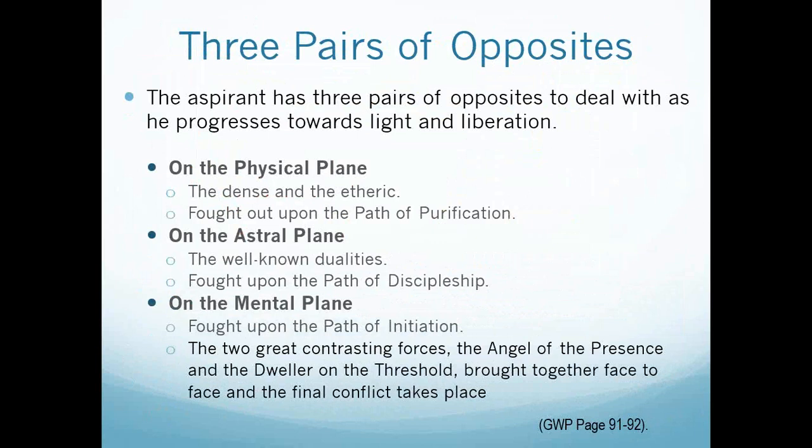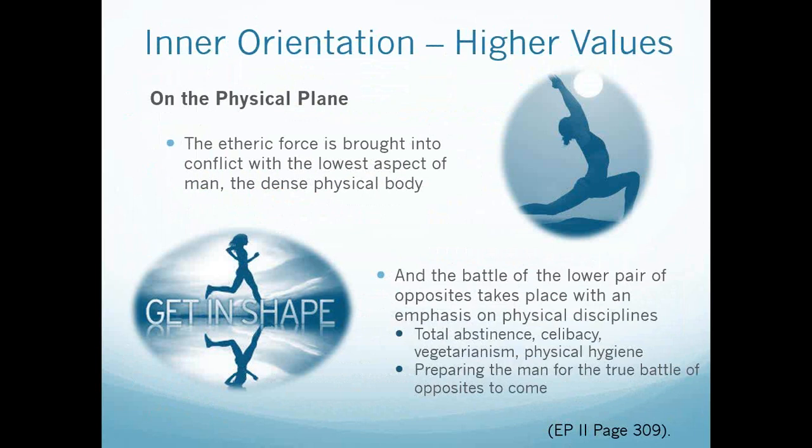And on the mental plane, it's fought upon the path of initiation. Emphasis is usually laid upon the pairs of opposites to be found on the astral plane. Yet as we just saw, they're found on the physical and mental as well.